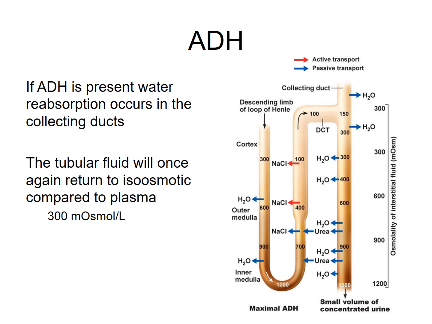But because you've set that gradient up, the deeper that you go into the medulla, water still continues to leave. And what you end up with, as you can see at the very bottom of the collecting duct here, is a small volume of highly concentrated urine. So this happens when you have antidiuretic hormone, meaning that you're not going to urinate nearly as much.